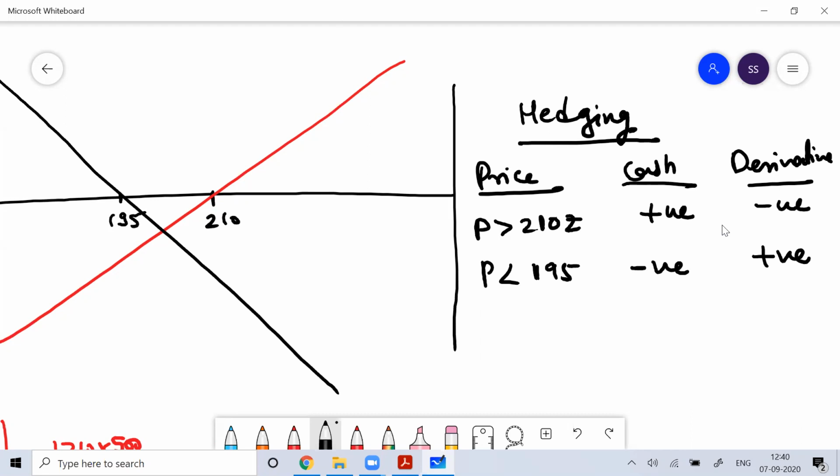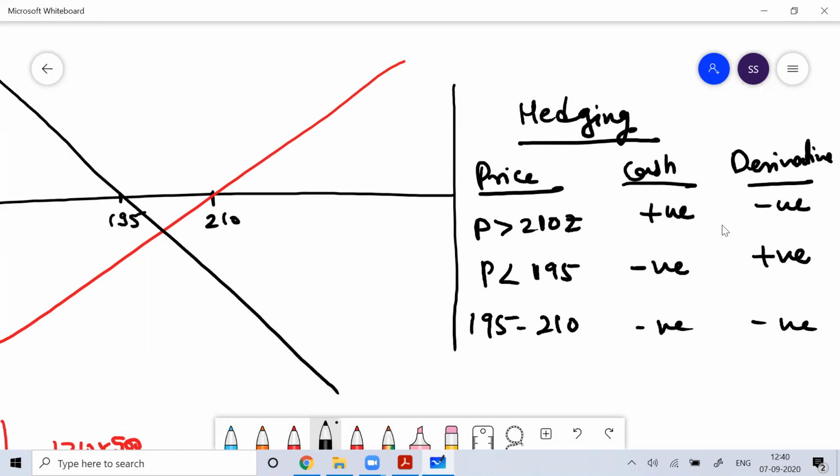While if the price is between 195 and 210 rupees, he'll get a loss in both markets. You need to understand what actually happens in the market and how you can take positions in the market.